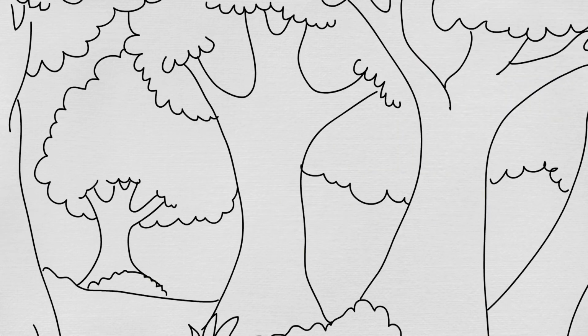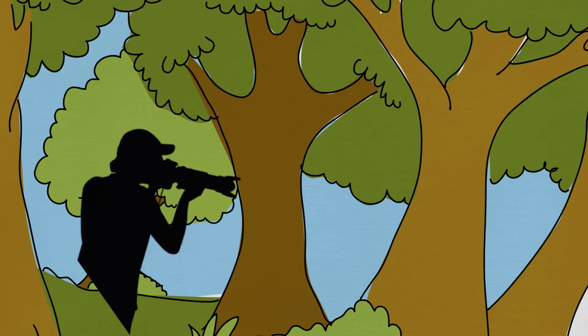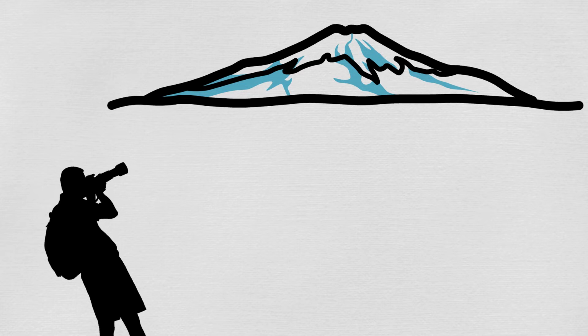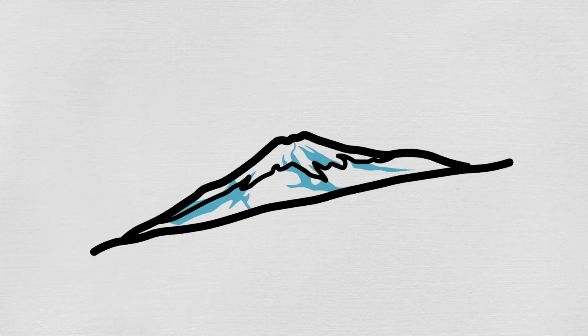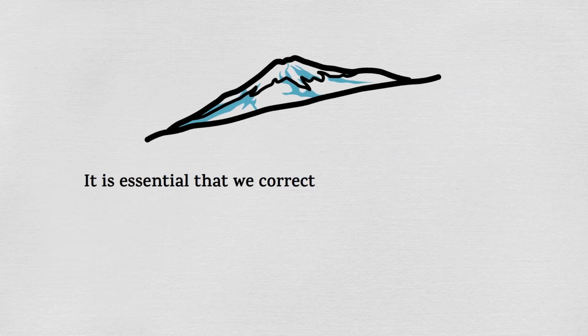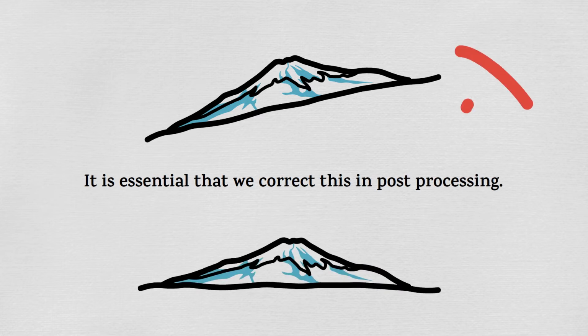We have seen a lot of people taking pictures where their cameras get tilted, or they are not taking the picture in a proper landscape or portrait mode. They themselves are not in a position where they are parallel to the subject. In those cases the horizon gets tilted, and it is essential that we correct this in post-processing.